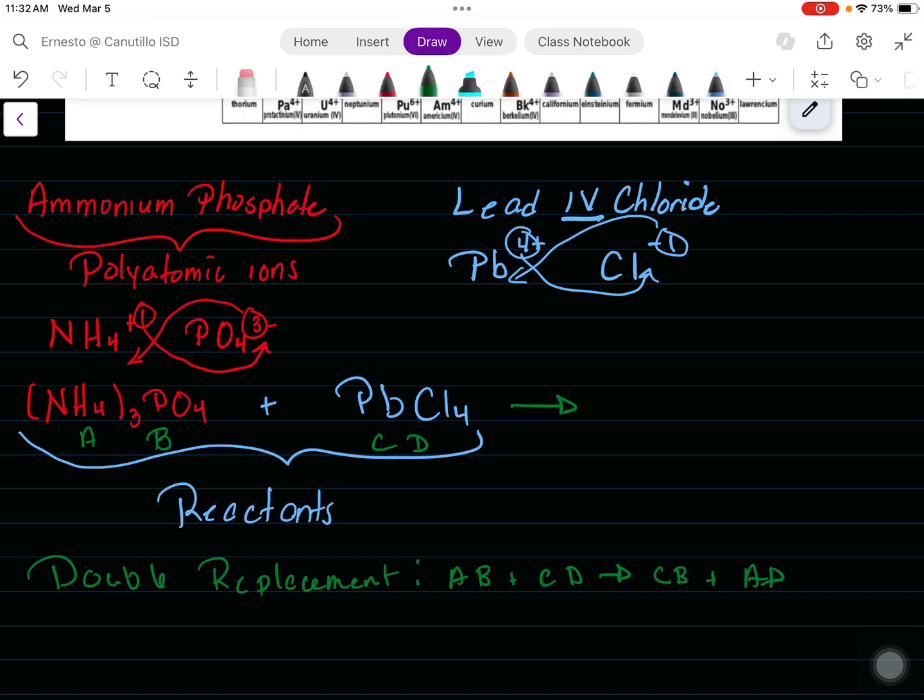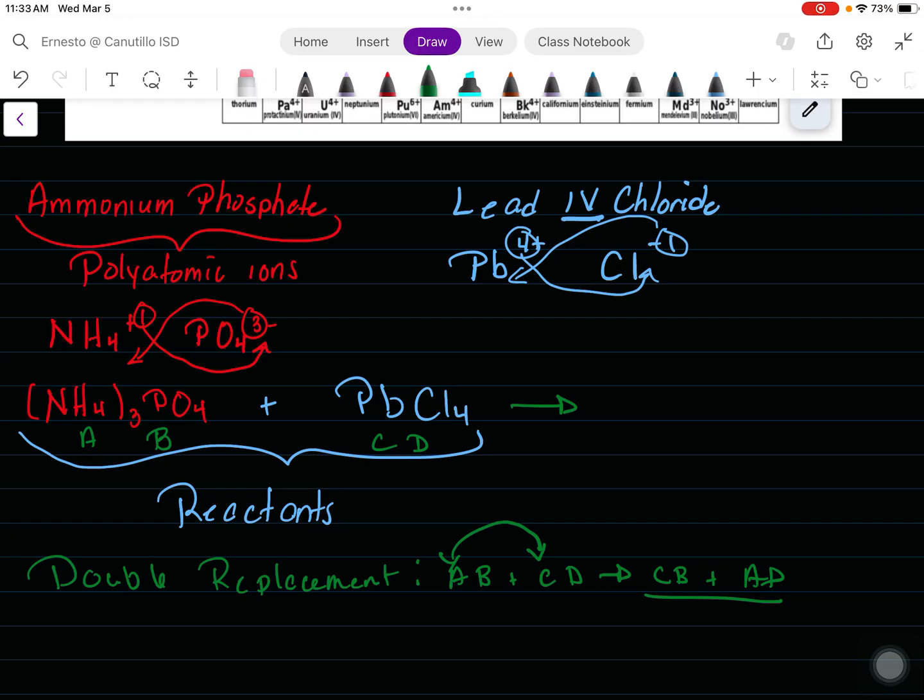It's basically just taking these two and switching them around. That's how the model works. It's there to guide you in predicting the products for a chemical reaction.